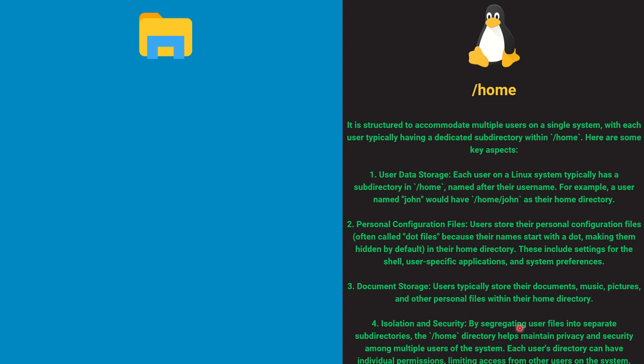Each user has their own directory, which is isolated and secured by appropriate permissions. But here you will not find the administrator's directory, because /root was the administrator's directory that we saw on the previous slide, which is directly under the root directory. It is not under /home, the way we saw it in Windows.